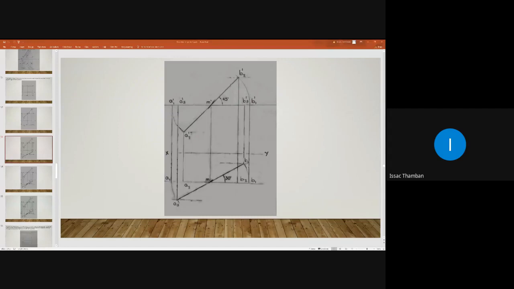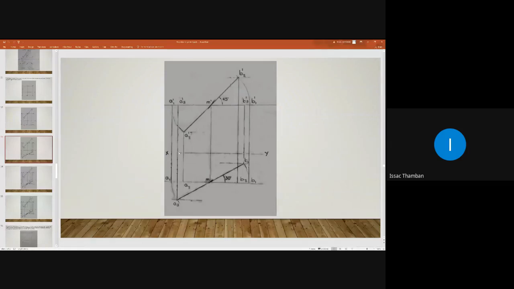Have you obtained A3 and B3? Yes, sir. Okay. So after obtaining A3 and B3, in the plan, you can project upwards and obtain the position of A3 dash and B3 dash.